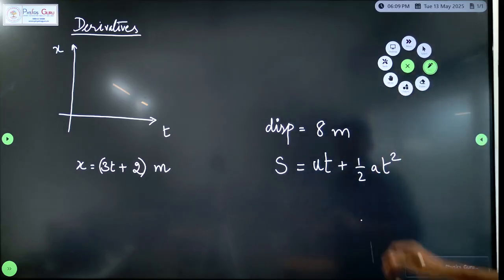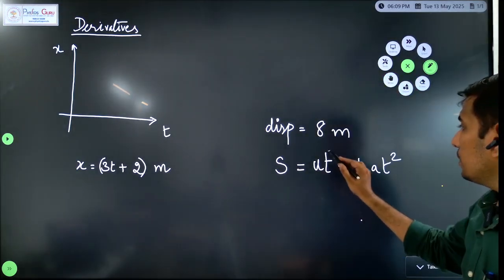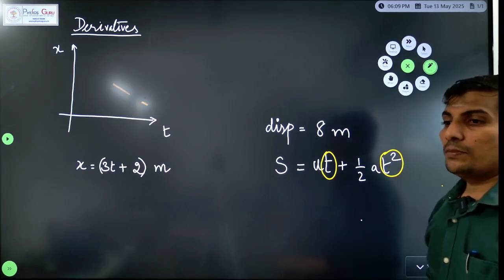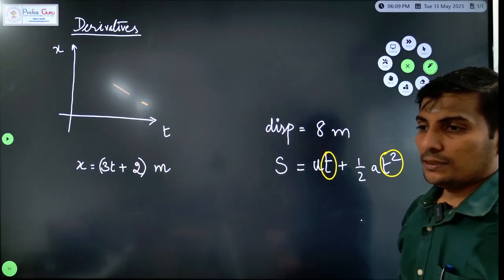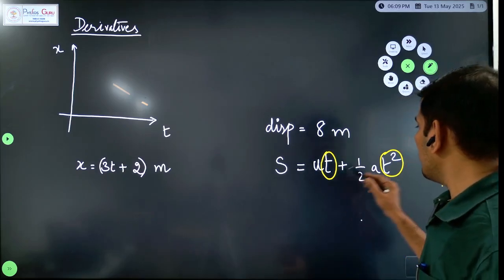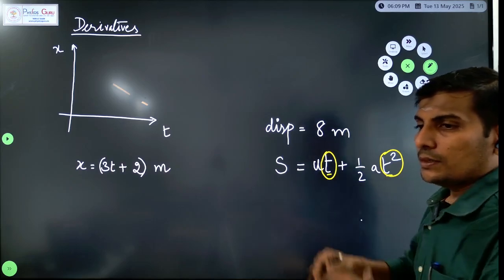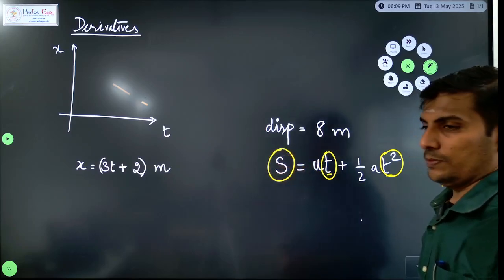So in this equation, you take the value of time and substitute it from time to time, after 2 seconds, after 8, after 10 seconds, kind of. You can take the time value and substitute it, and you get different values of displacement.